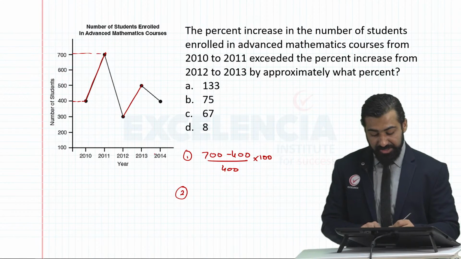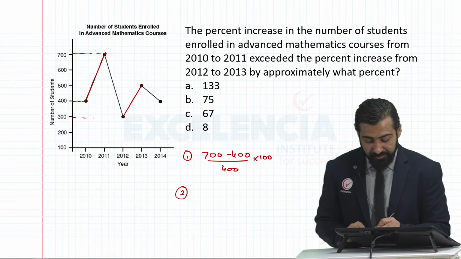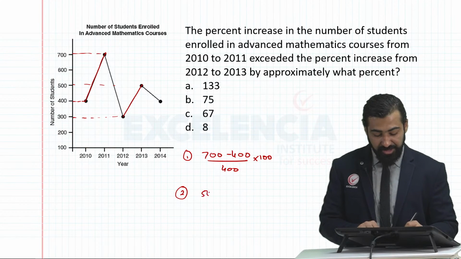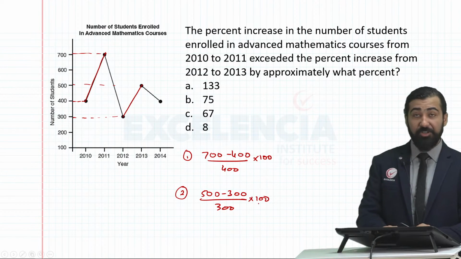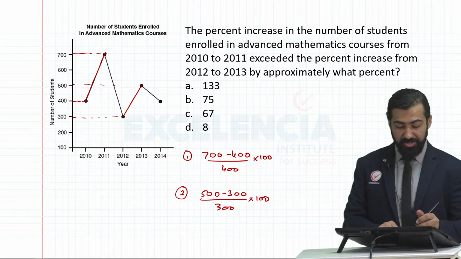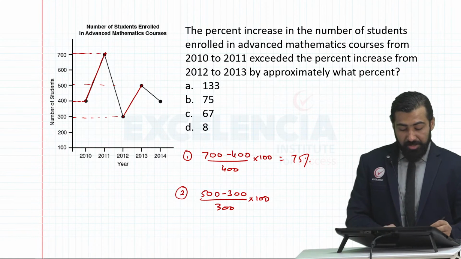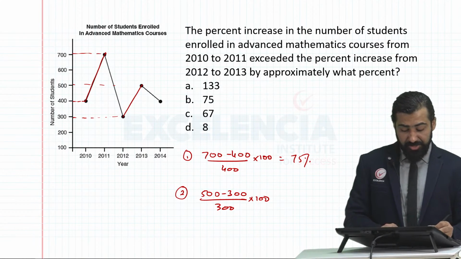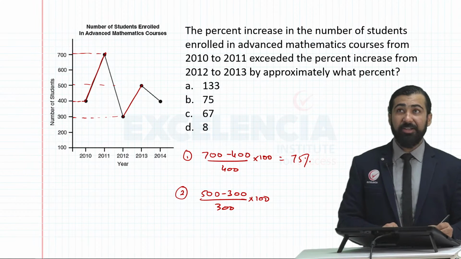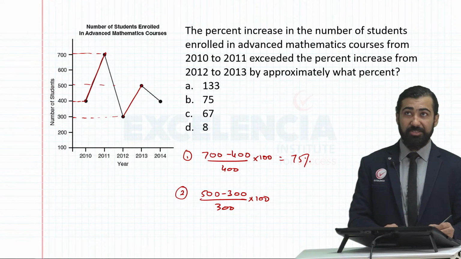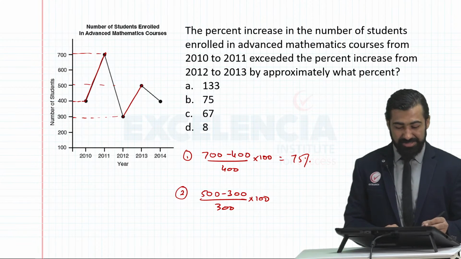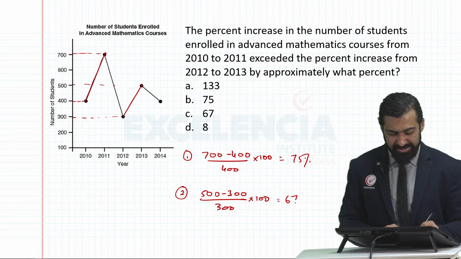For 2012 to 2013, I have this is 300, this is 500. So 500 minus 300 divided by 300 times 100. The first value will come out to be 300 divided by 400, or 75%. The second value comes out to be 200 divided by 300, 2 by 3, so that will come out to be roughly 67%.